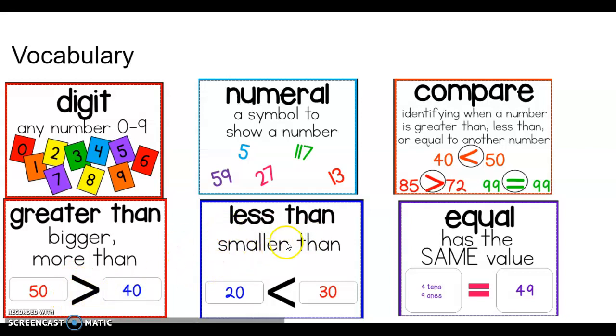Less than is also known as smaller than. It's a smaller number. 20 is less than 30. If the two numbers are equal, you are said to be equal, has the same value. So 4 tens and 9 ones is 49, which is the same value as 49. So they are said to be equal.